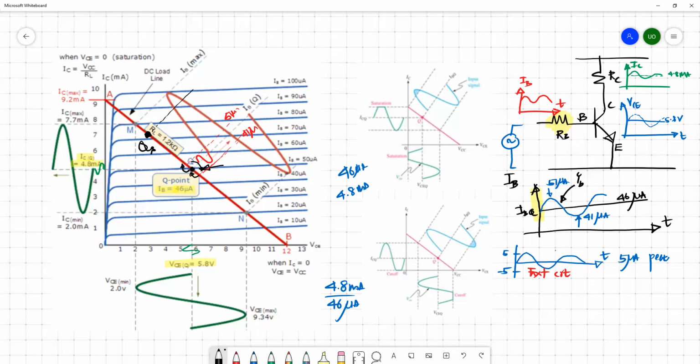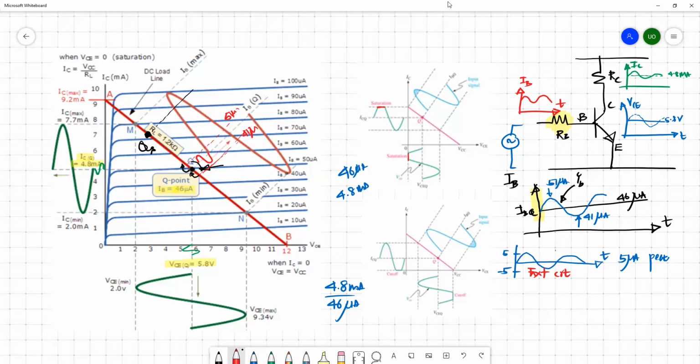If your Q point moves to the saturation region, we know that your collector current is a fixed saturation current. What about your collector-emitter junction voltage? Ideally it should simply stay at 0. So if you move your Q point to the saturation, you end up with a saturation current here and 0 voltage here.